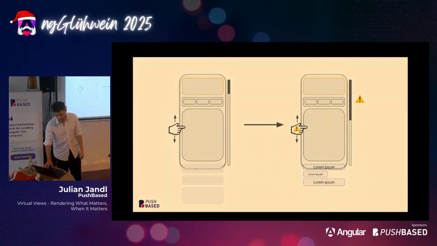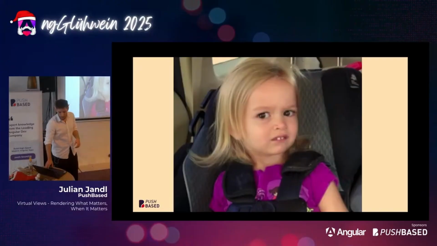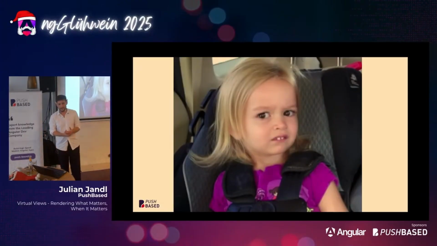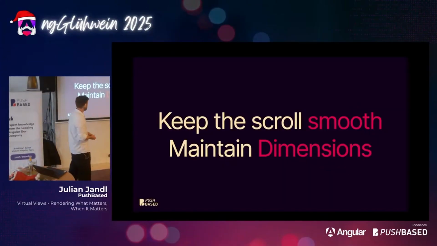When that happens, you have a bad scroll experience, especially if you scroll up and down very often and the placeholders do not adjust, because then you have a constant scroll jittering experience, and your users would be like, okay, it's fast, but it doesn't look good. So the next task would be keeping the scroll smooth.